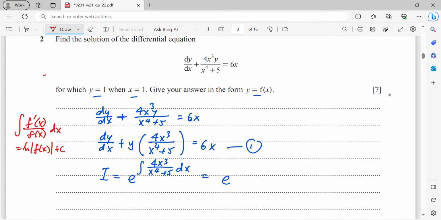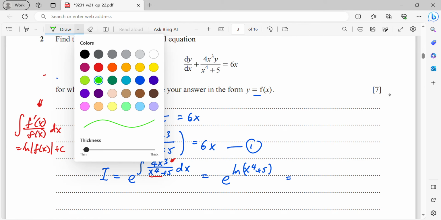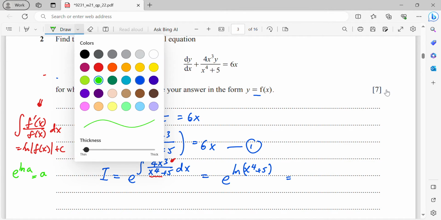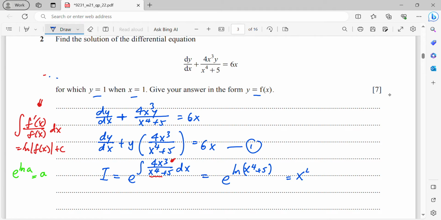When you differentiate x to the power 4 plus 5, you get 4x cubed. That means the numerator is the differentiation of the denominator, which is exactly the same as this form. So I will get ln of the denominator, x to the power 4 plus 5. Then the e and ln can be cancelled off because e to the ln a is a. Therefore, my integrating factor is only x to the power 4 plus 5.